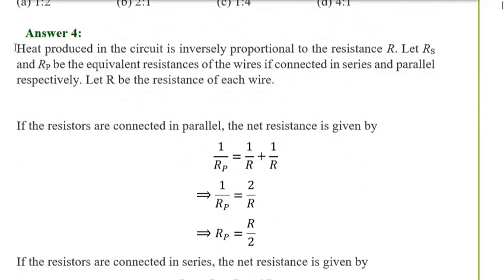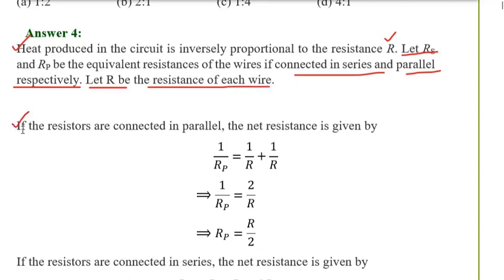Heat produced in the circuit is inversely proportional to the resistance R. Let Rs and Rp be the equivalent resistance of the wires connected in series and parallel respectively. Let R be the resistance of each wire.